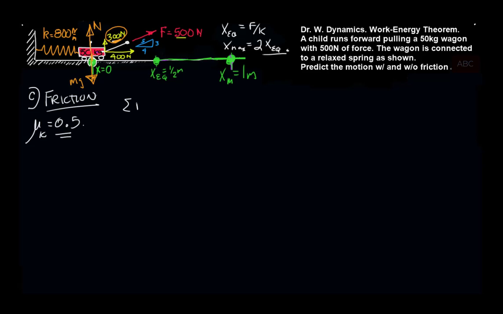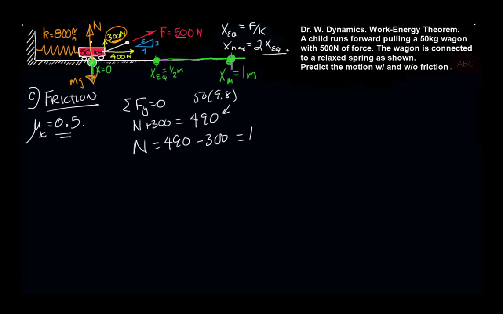Summing the forces in the y is equal to 0. We have N plus 300 up equals 490 down, which is 50 times 9.8. So the normal force will be 490 minus 300, which will be 190.